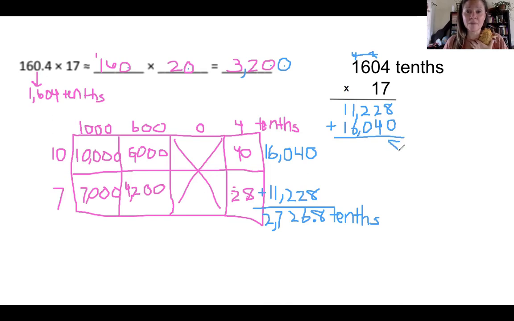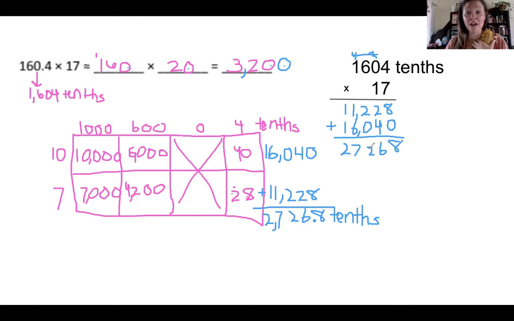Okay, let's add up. 8, 4, 5, 6, 2, 6, 7, and 2. So now I have 27,268 tenths.